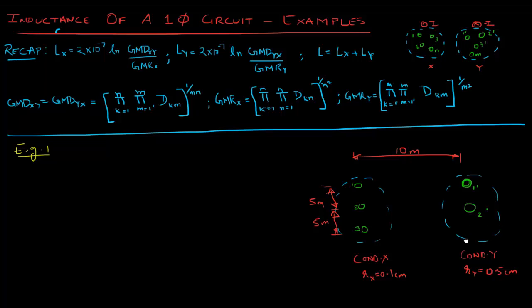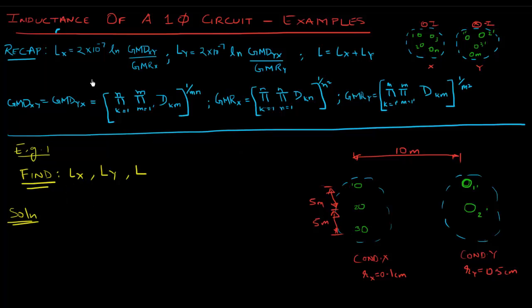So you have all this information. Now let us find Lx, Ly, and L. So the solution of this, now we start plugging in all these values, and you'll start seeing the results and how to use them.